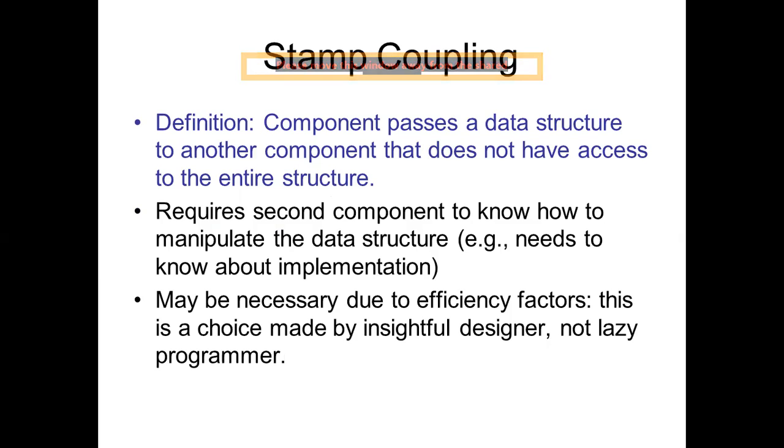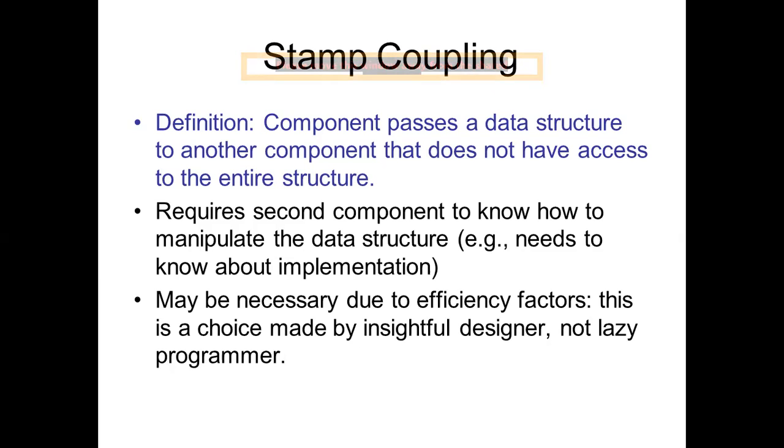If we want to update the data of one component, we cannot access the entire structure if there are, suppose, 4 components in a module, because we are using some rules. So this is called stamp coupling.